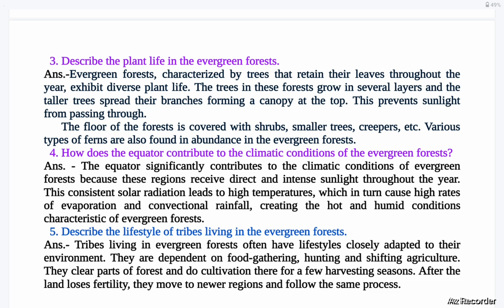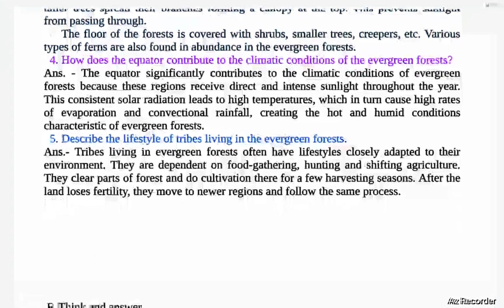The trees in these forests grow in several layers, and the taller trees spread their branches, forming a canopy at the top. This prevents sunlight from passing through. The floor of the forest is covered with shrubs, smaller trees, creepers, etc. Various types of ferns are also found in abundance in the evergreen forests.